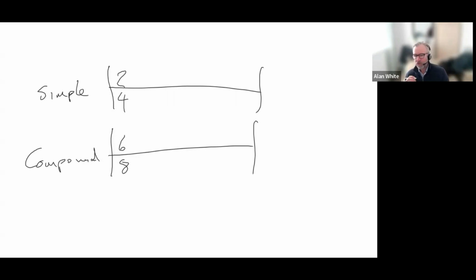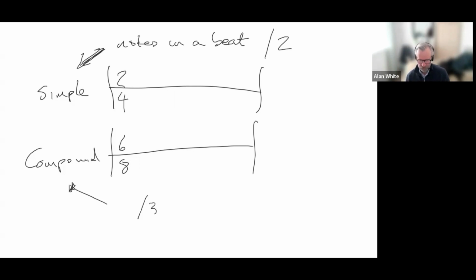Well, the really easy rule of thumb to remember is that simple means the notes in a beat divide by 2 easily. There are 2 subdivisions of that note. Down here, it's divide by 3.